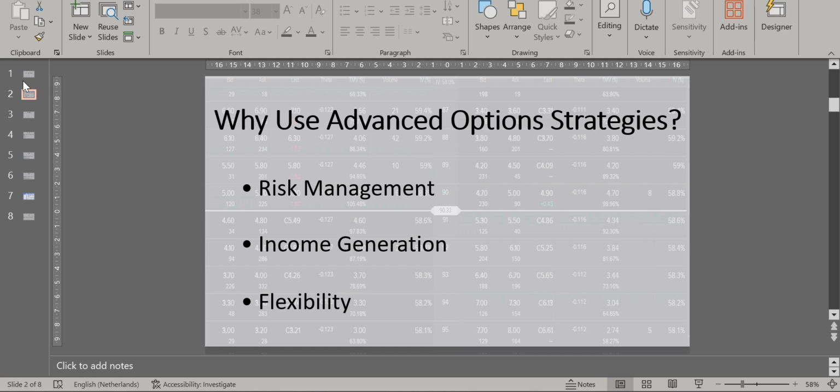And also, as I mentioned, related to risk management, these strategies are also quite flexible, because you can modulate your exposure and how much and how often you can expect to profit from these strategies, according to your risk tolerance and what percentage of trades you want to win or profit from.